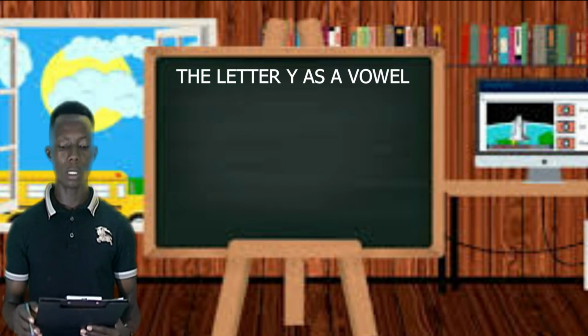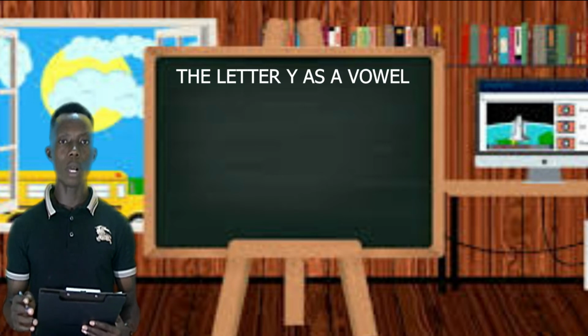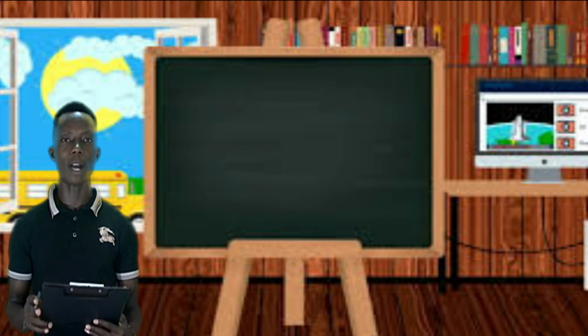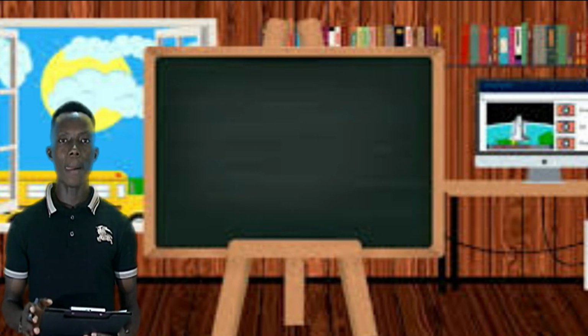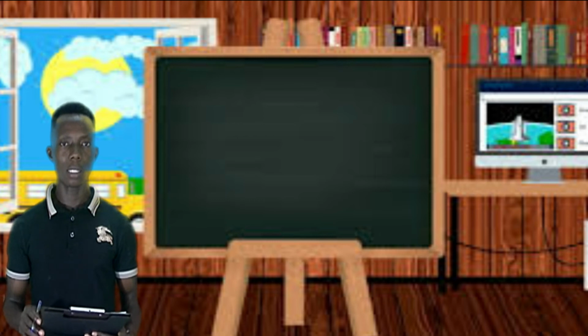This is because sometimes the letter Y represents the vowel in some words, and this makes it possible for us to pronounce words that do not have a vowel letter in them. And another reason is that the letter Y makes the sound of one of the vowel letters.